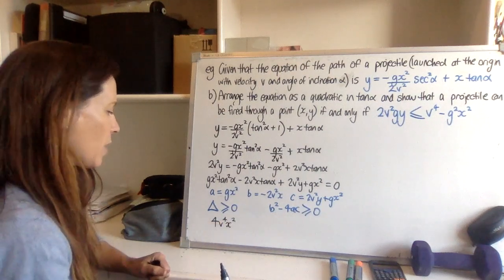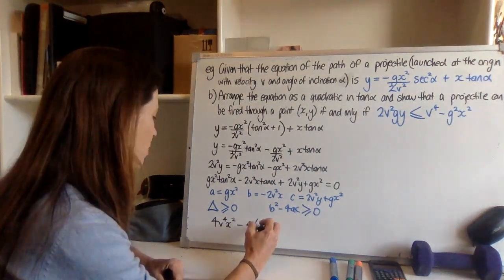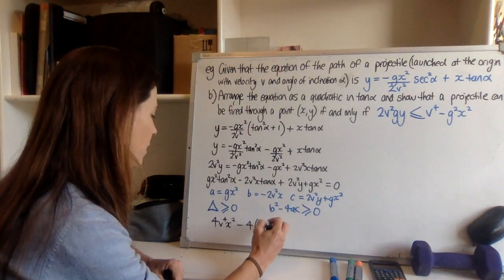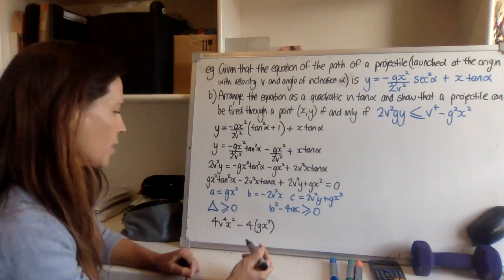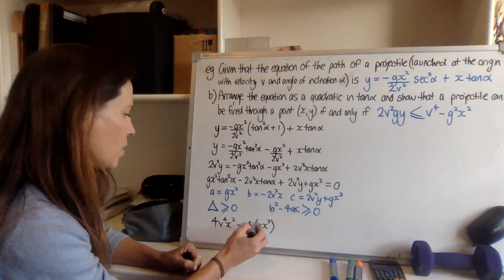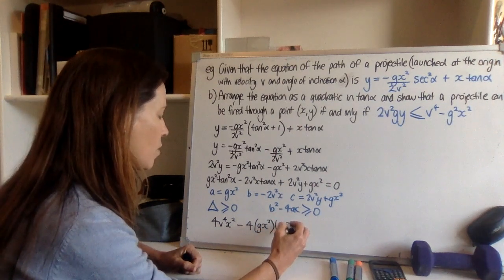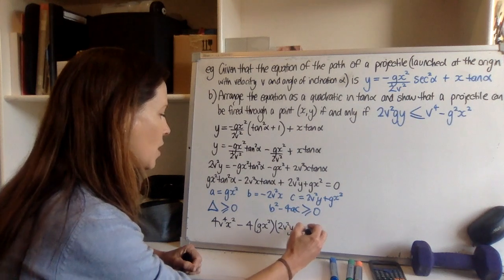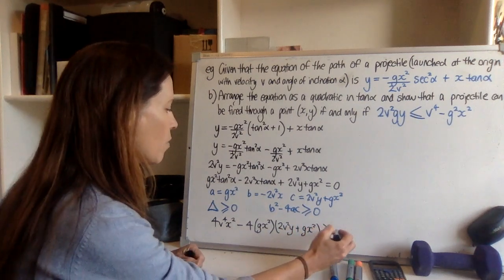So that's our b squared minus 4 times a. Let's just chuck it in brackets. It's not so much that we need the brackets, it's so we can remember what we've done and we don't get confused. We've got 4 times a times c, where this is c here, 2v squared y plus g x squared. So all of that has to be greater than or equal to 0.